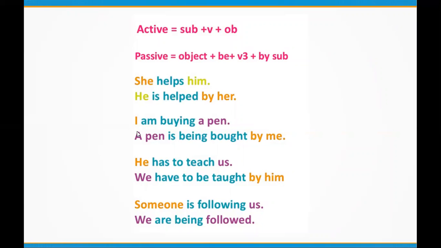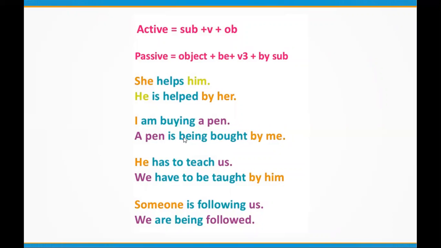Next sentence. I am buying a pen. A pen is being bought by me. Here again, object. A pen is an object, plus this is a be form of the verb. Then bought is a V3. By is a preposition and me is a subject.